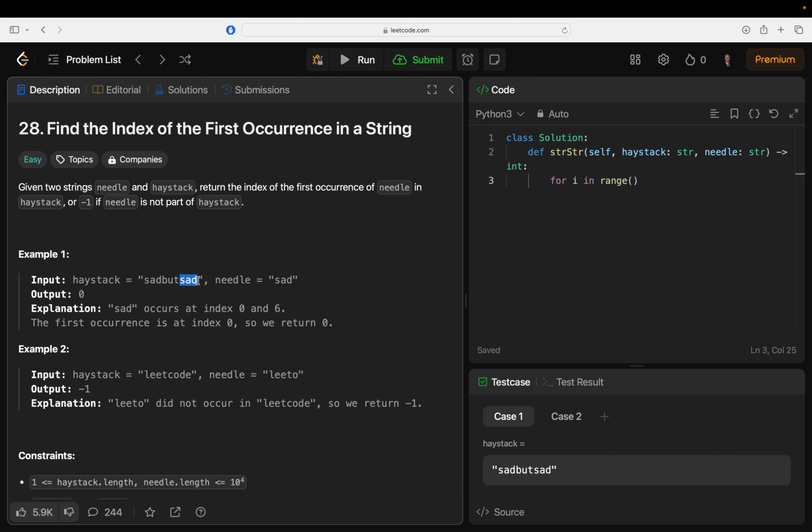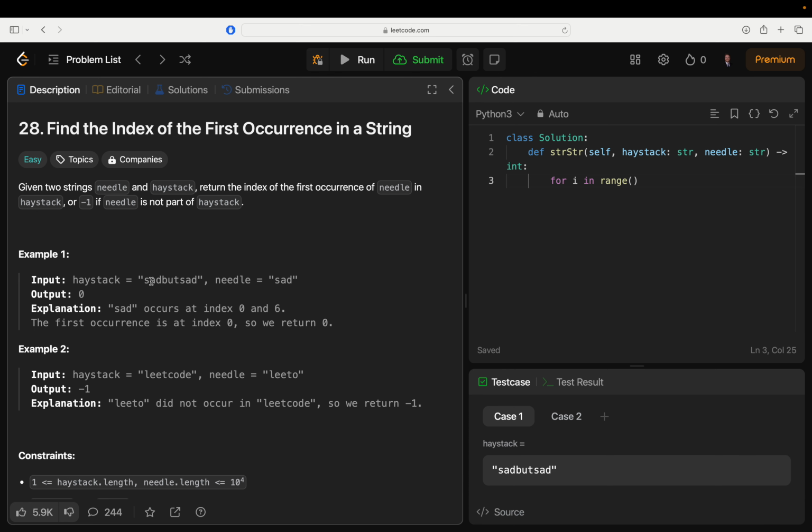But we have to make sure to not go too far. And the way we're going to do that is by doing range of the length of this minus the length of this.